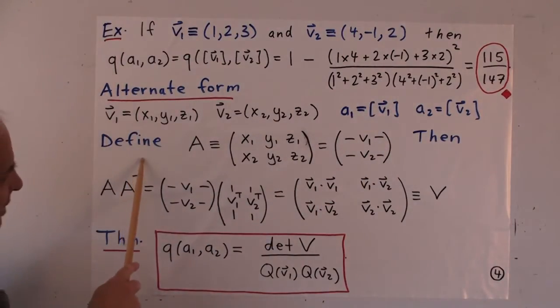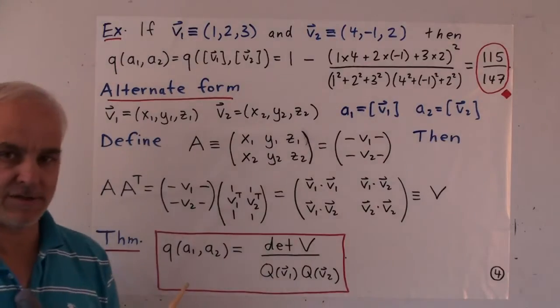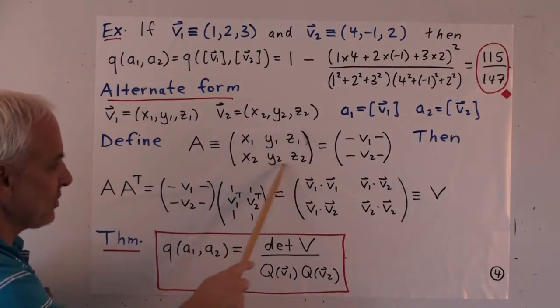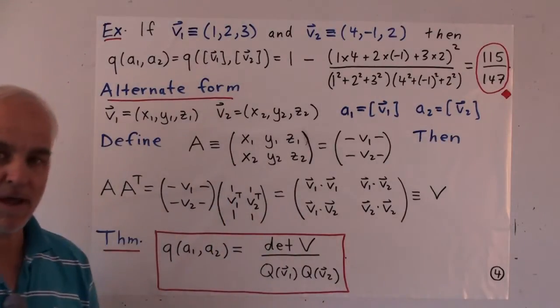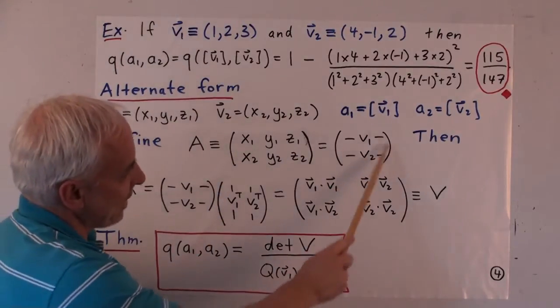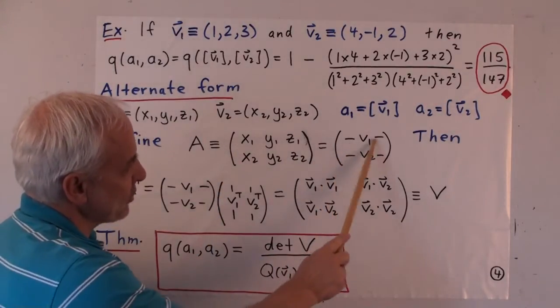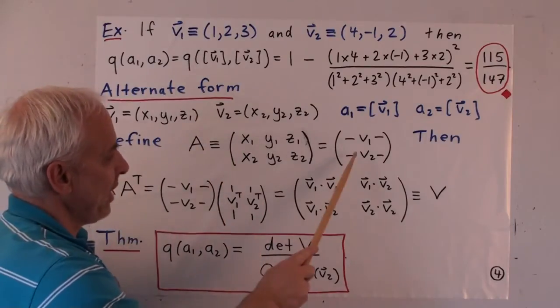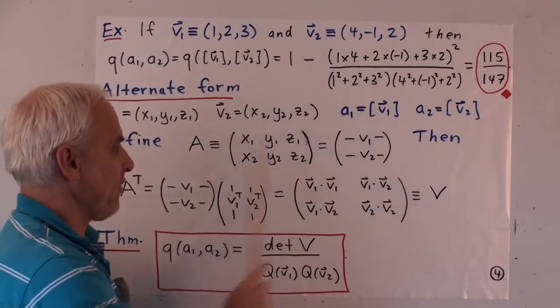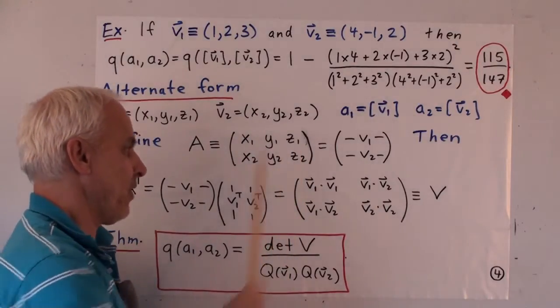And let's create a matrix object out of those two vectors just by writing those two vectors as rows of a 2 by 3 matrix. Let's call that matrix A. And for short, I might write it like this. So the first row is the v1 vector, and the second row is the v2 vector. Okay, so that's just a short way of writing that if I don't feel like writing down all the coefficients.